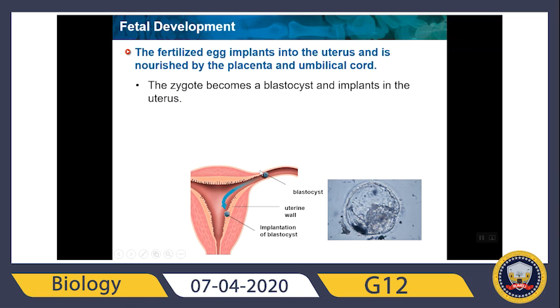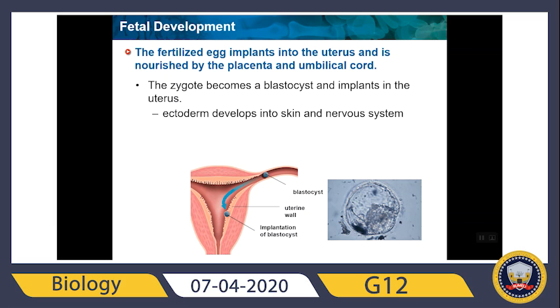This is the blastocyst. The zygote, after many divisions, will become a blastocyst and implant here at the uterine wall, and the uterine wall will be thickened because the corpus luteum will continue secreting progesterone and estrogen.